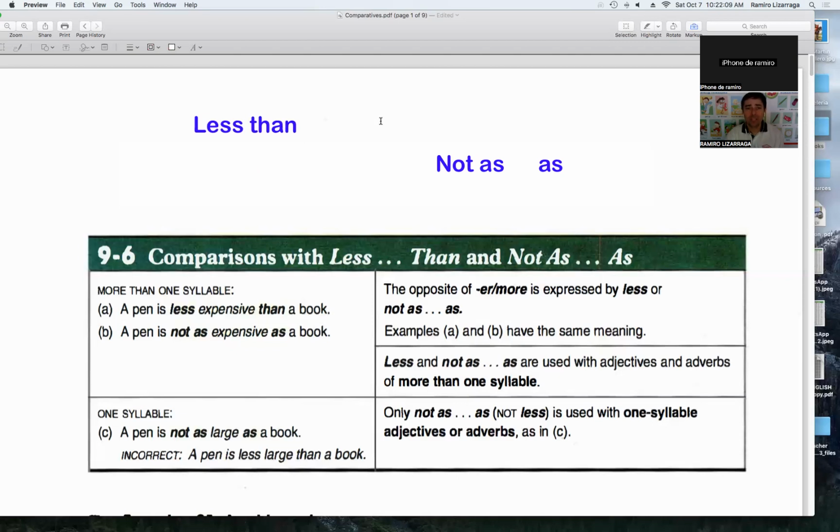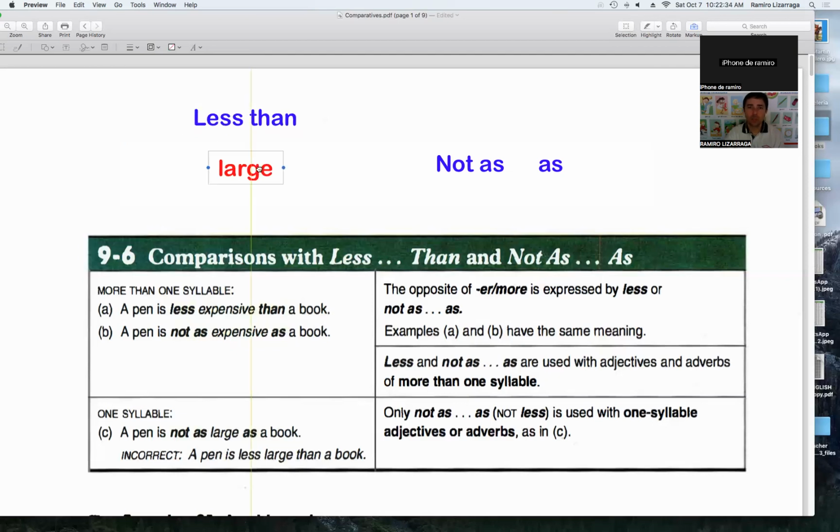Let me give you one example of an adjective with one syllable. Let me change the color here. For example, large. It's an adjective that has one syllable. No, we cannot use less than with large.